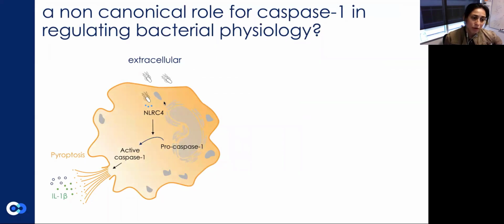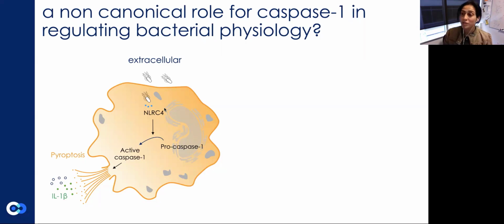In wild type macrophages early on, we know that Salmonella activates the NLRC4 inflammasome. This leads to activation of caspase-1 from its inactive precursor, and this leads to cell death. This does happen early on, but we also know that Salmonella survives intracellularly within macrophages. So obviously not every host cell dies, and Salmonella has a way to prevent that.